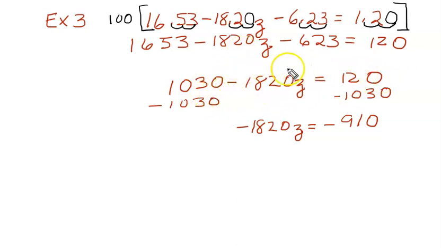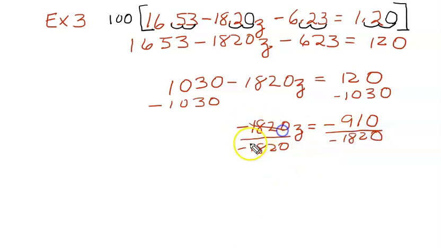Now to isolate the z's on one side, I'm going to subtract the additive inverse of this and get to this stage. Now, what happens here? Well, I'm going to divide by the numerical coefficient, both sides.